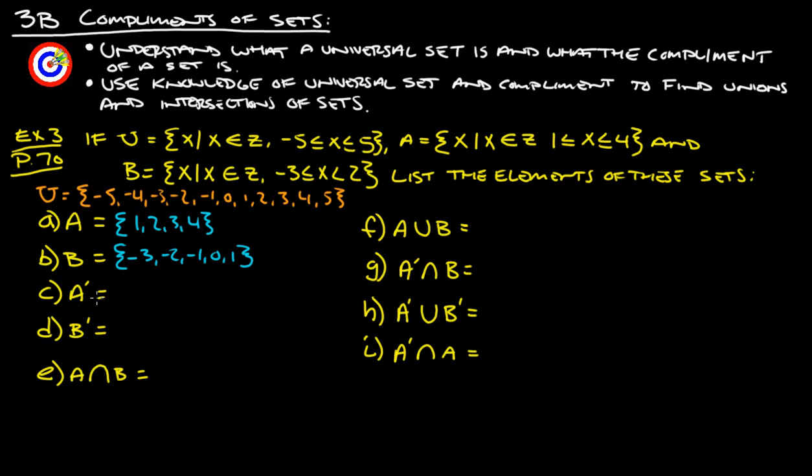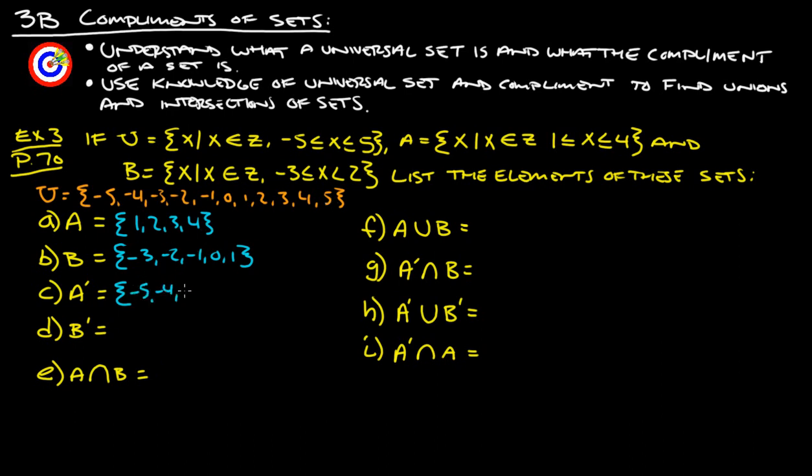So A prime, we usually call that A prime, but that's just the complement of set A, and that's going to be everything in the universal set. That's why it's handy to have the universal set written down there. All the pieces of the universal set that aren't already included in set A. So that would be -5 all the way up to 0, right?